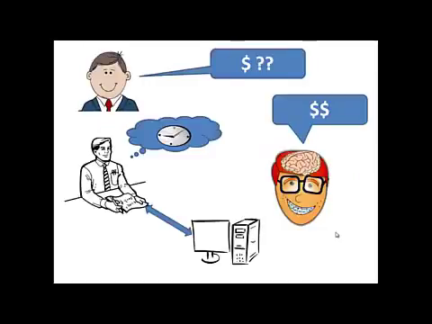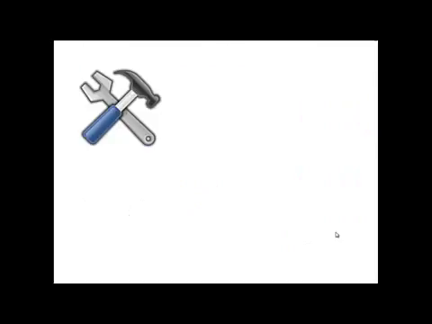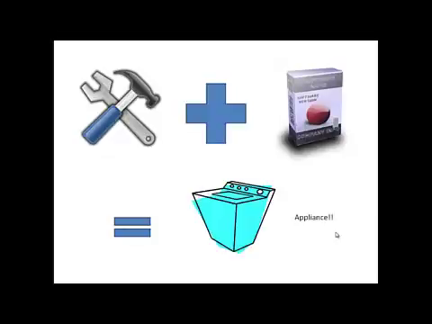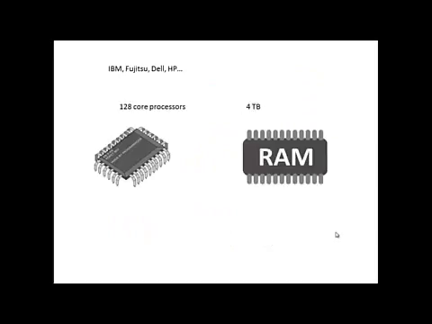So it's obvious that if you want to store millions or billions of records in memory, that memory needs to be huge, and that's why SAP is not only providing the software but also the appropriate hardware in alliance with their partners, and that's why the word appliance is used. Some of the hardware partners are IBM, Fujitsu, Dell, HP, and some others, and they provide very high configuration machines which have up to 128 core processors and 4 TB of RAM.